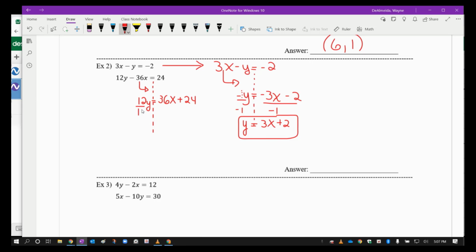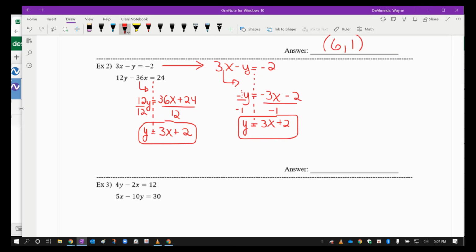Now we divide both sides by 12, and we get y alone. 36 divided by 12 is 3. 24 divided by 12 is 2. We put a box around it, and there we go. We have two equations with the y alone.